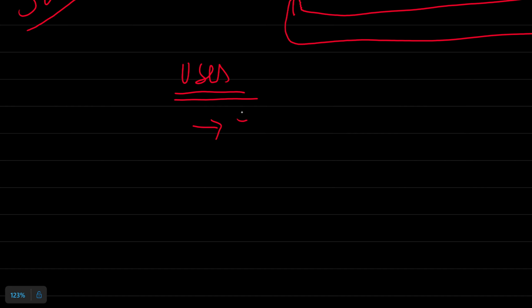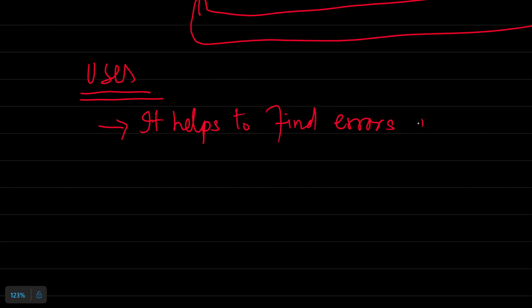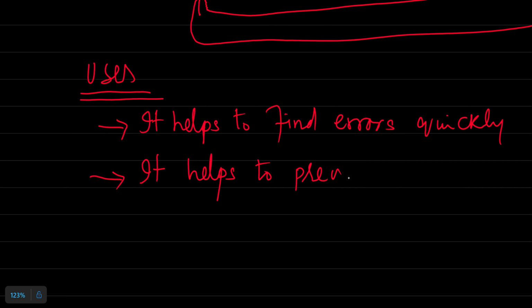So it helps to find errors quickly. It helps to prevent fraud.